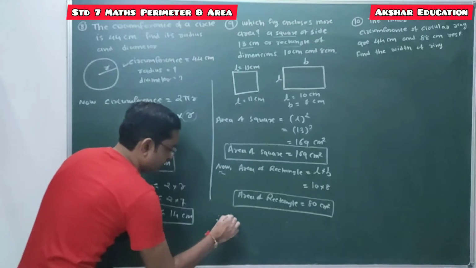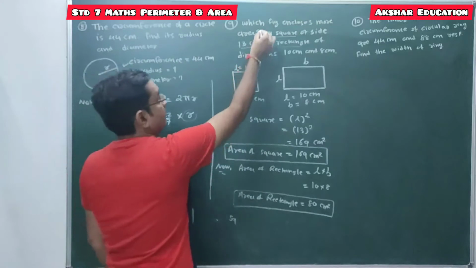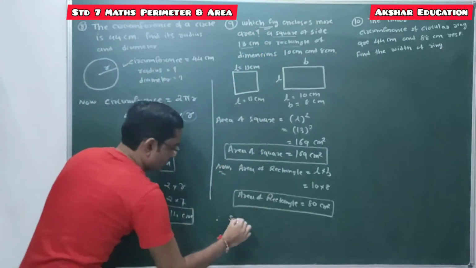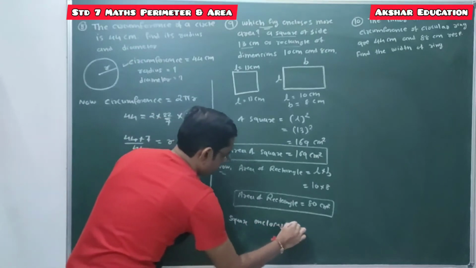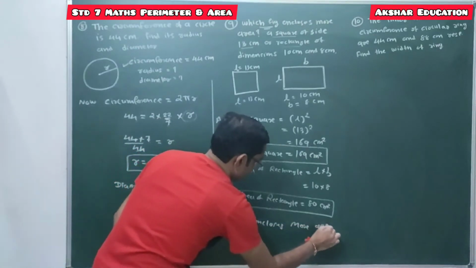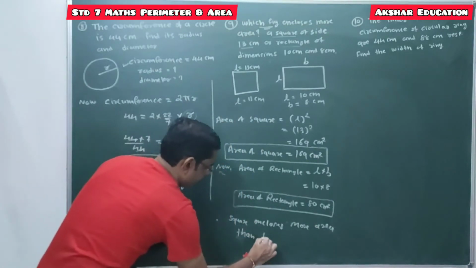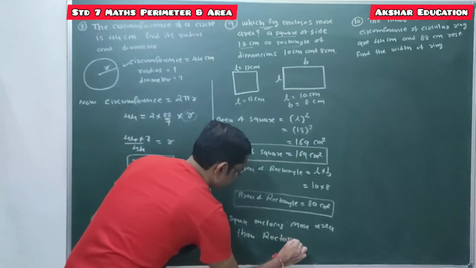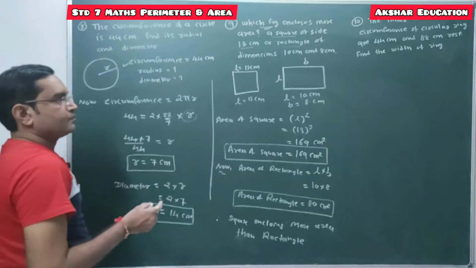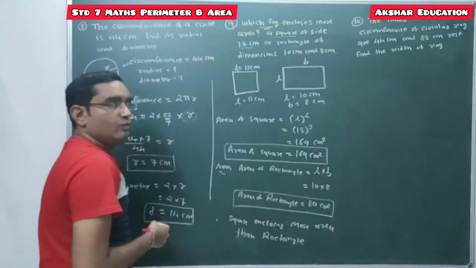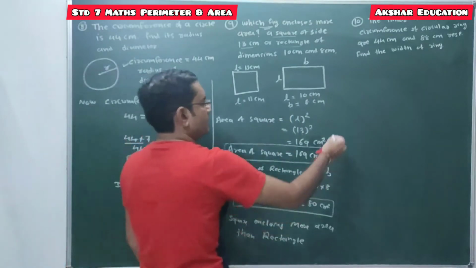So you have to write the name: square encloses more area than the given rectangle. Add this in the question. If it asks by how much, then you have to subtract this 80 from this 169.